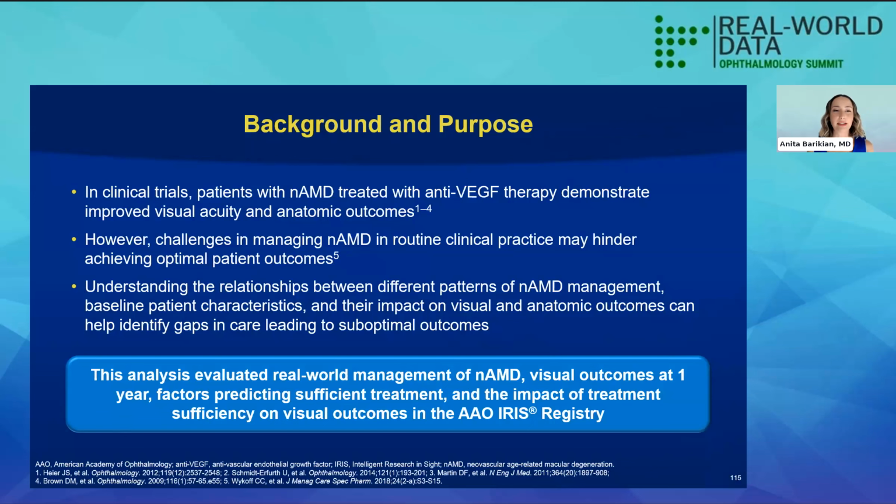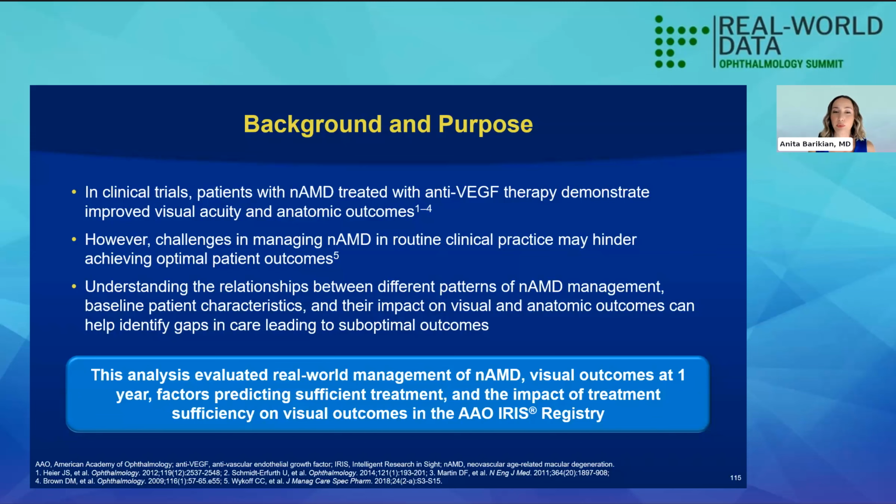So in clinical trials, patients with neovascular AMD treated with anti-VEGF therapy demonstrate improved visual acuity and anatomic outcomes. However, challenges in managing neovascular AMD in routine clinical practice may hinder achieving optimal patient outcomes.